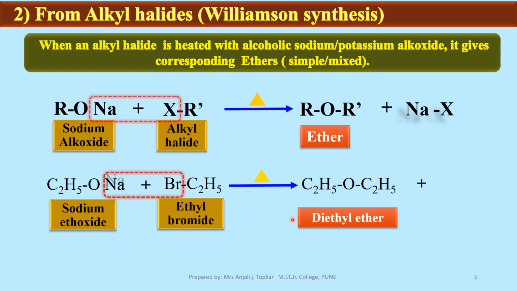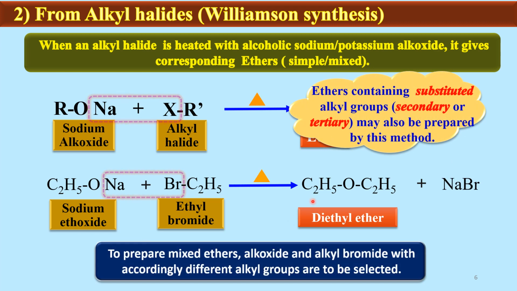Ethers containing substituted alkyl groups, that is secondary or tertiary, may also be prepared by this method. To prepare ethers, alkoxide and alkyl bromides with different alkyl groups are to be selected.